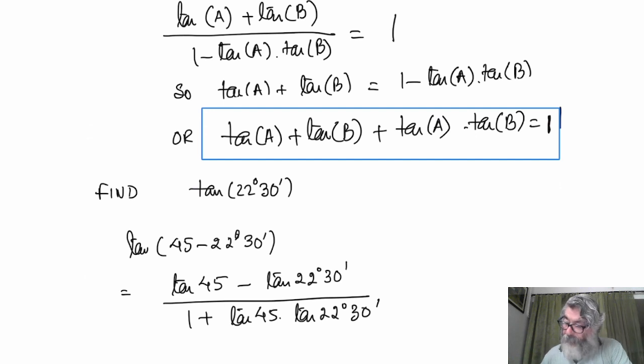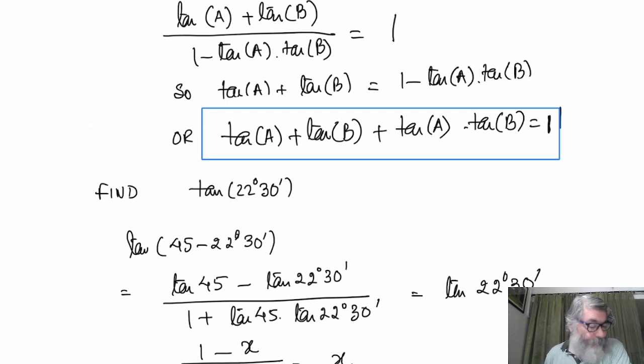This is going to be equal to tan 22°30′, because 45° minus 22°30′ will be half of it. So tan 45° will become 1. Let me name tan 22°30′ as x. So (1 − x) upon (1 + x) is equal to x.